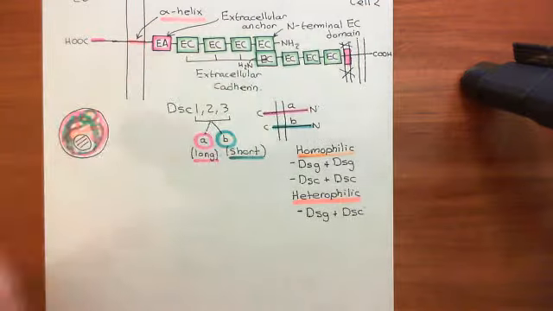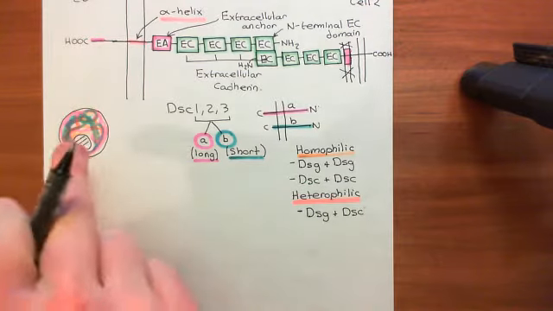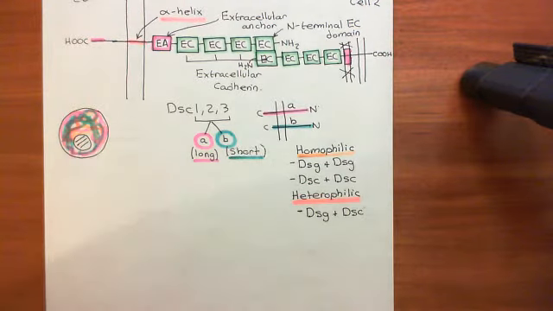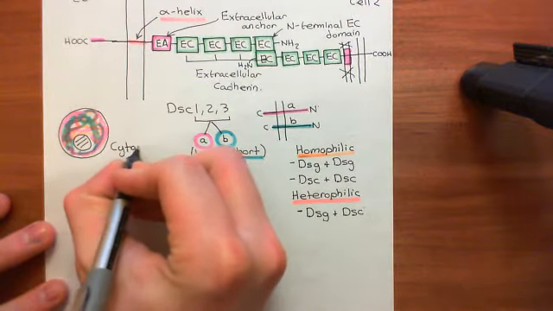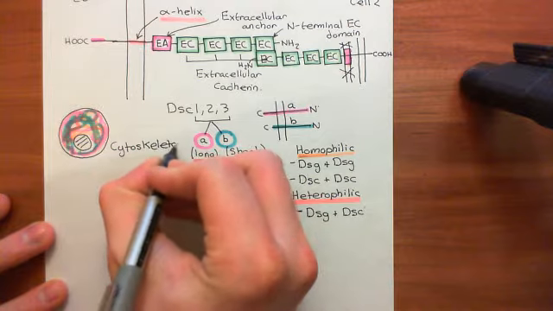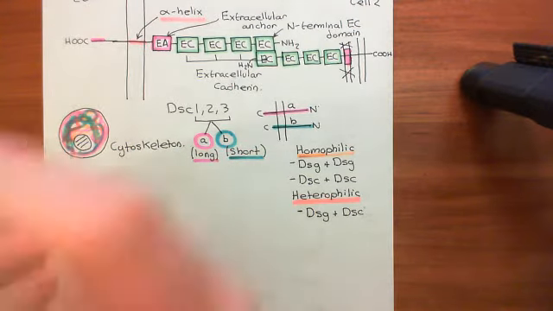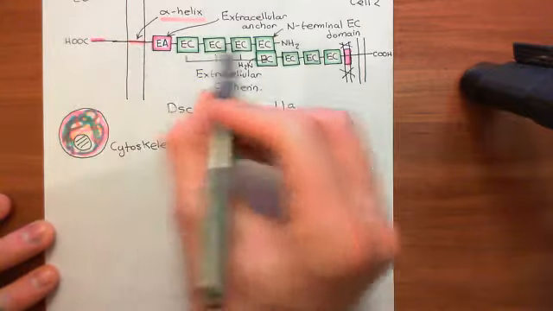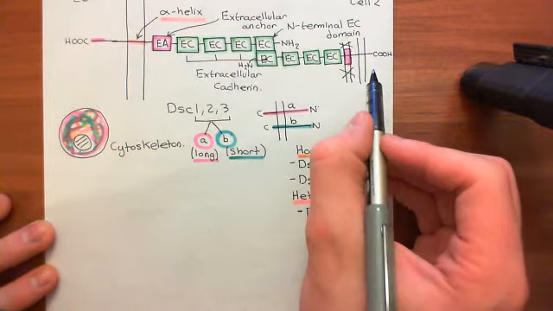If you want to connect cell 1 to cell 2 properly, you need to connect the rigid meshwork of cell 1 to the rigid meshwork of cell 2. There's a nice name for this rigid meshwork within cells: it's known as the cytoskeleton. So we need to discuss how these desmosomal cadherins are going to attach to the cytoskeleton.